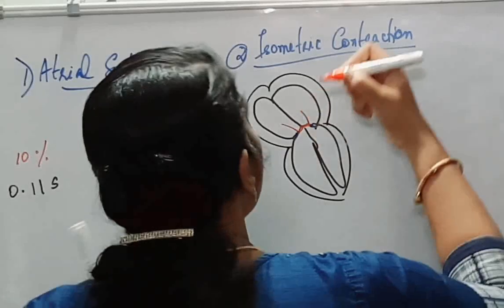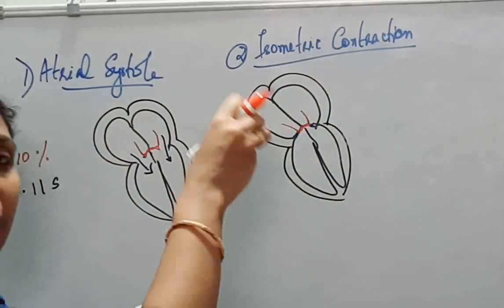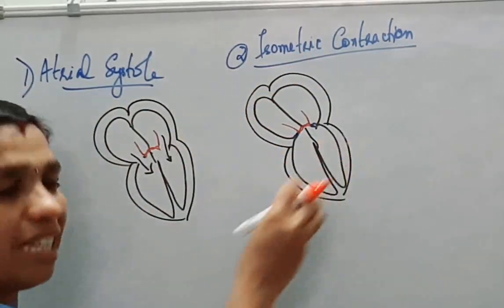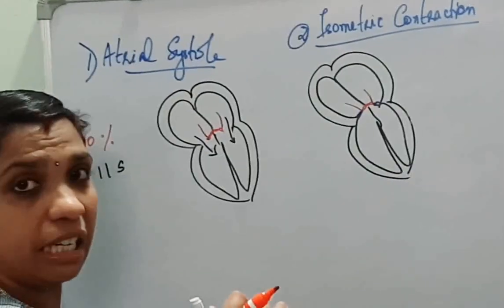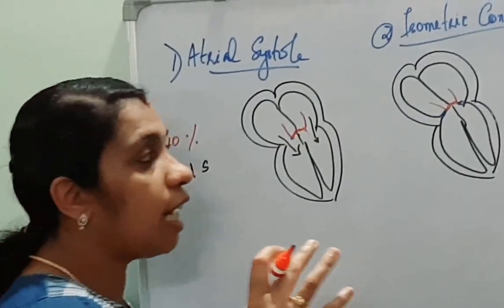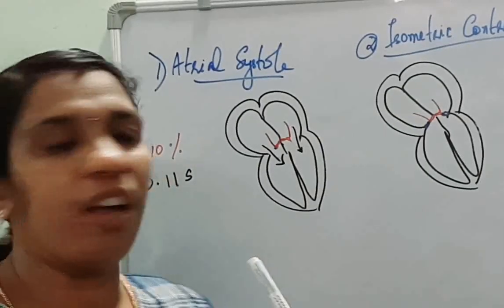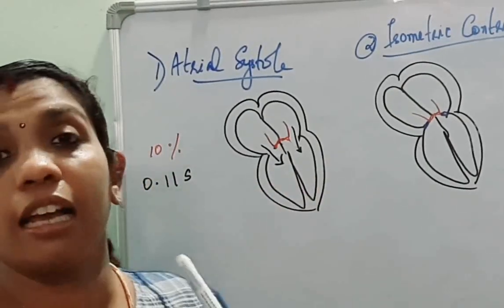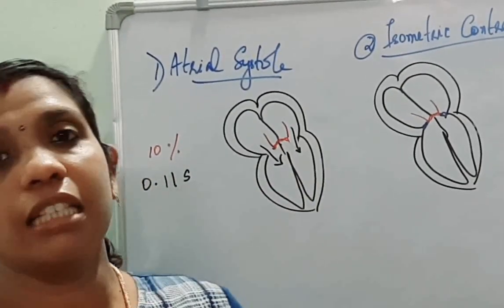Now all the blood from the atria has flowed to the ventricle, so there is more blood in the ventricle and the pressure in the ventricle is increased.